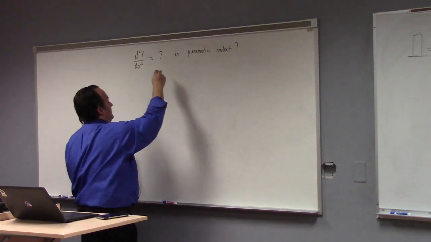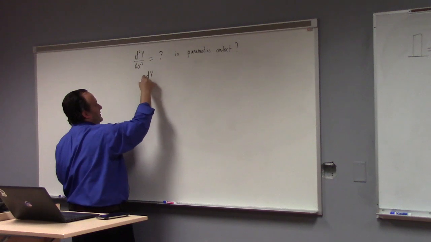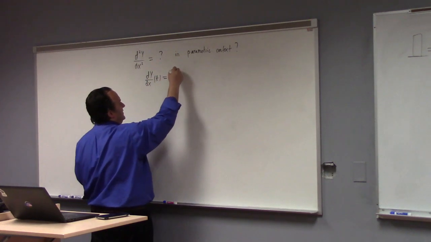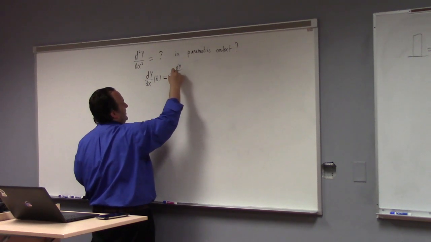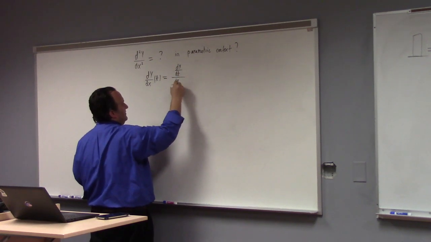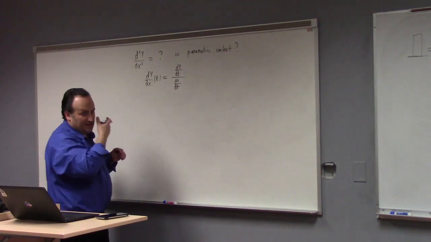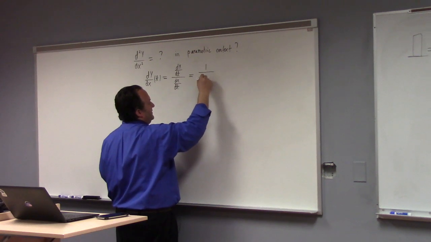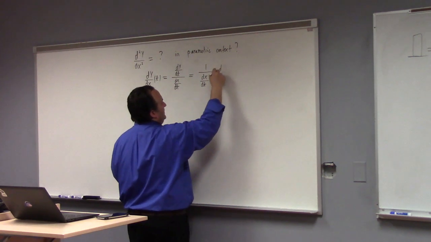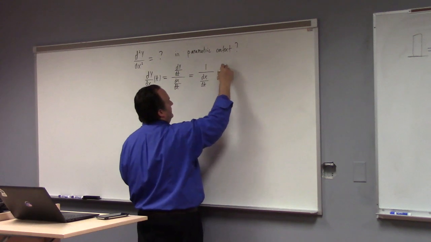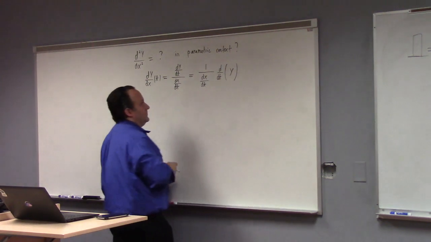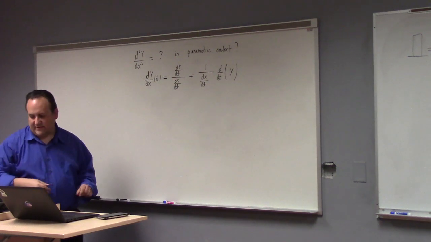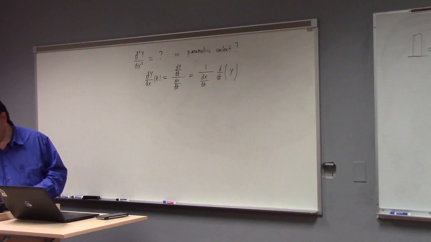All right, so first of all, I would remind you that we learned before that dy dx, if we write it as a function of t, we can do that as dy dt divided by dx dt, right? We did that before. So it's helpful to look at this in a slightly different way. What we really have is 1 over dx dt times d dt of y, right? If you look at it that way, you can gain a sense of what we want to do for the second derivative.